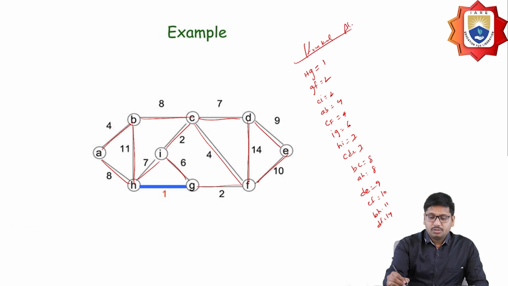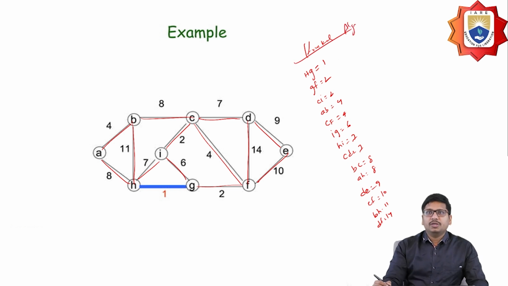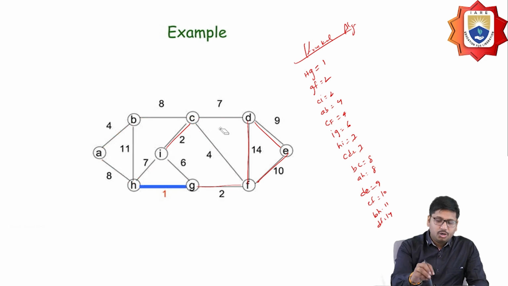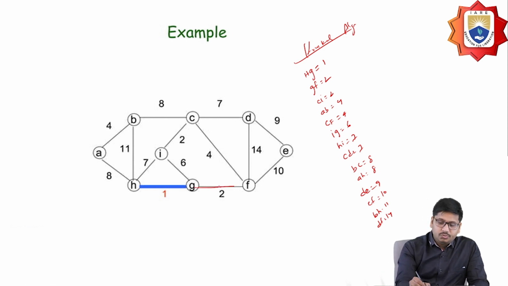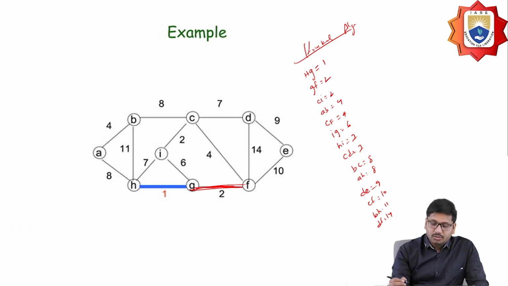So according to this Kruskal's algorithm, I'm going to consider all the weights in ascending order. So that thing I'm going to map here. So the first one is HG, that should be 1. And from GF, I'm going to select 2. So this should be the next vertex I selected. And the next one is CI. It is not going to form a cycle.